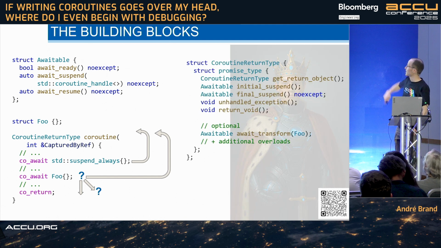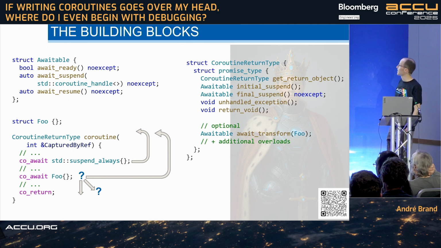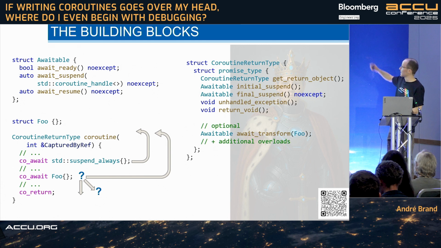Then there are several other customization points you saw earlier. So initial suspend, final suspend, these are the usual suspects you get out of C++, because what do you want to do on startup, on end, on finalization? That's kind of the analogy to constructor, destructor. And unhandled exception, I was referring to that earlier, return void in this example, and the constructor of the coroutine return type.